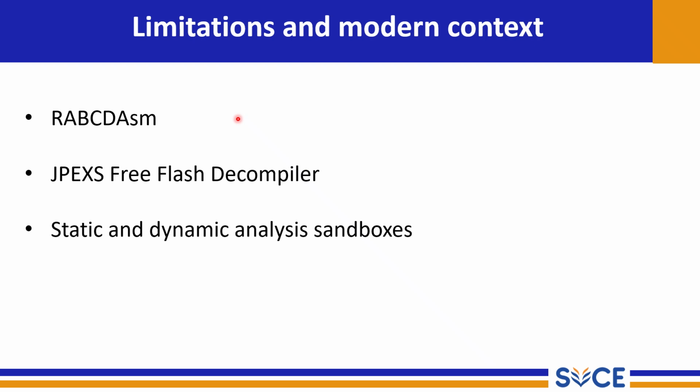For historical malware analysis or specific tasks requiring a command line tool, some alternatives or superior tools include RABCDAsm, JPEXS free Flash decompiler, and third, static and dynamic analysis sandboxes. RABCDAsm is a successor to FLASM that supports ActionScript 3.0 and is considered a more powerful and modern alternative for ActionScript bytecode manipulation.